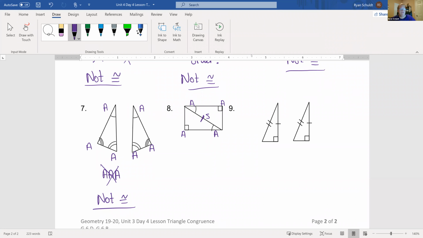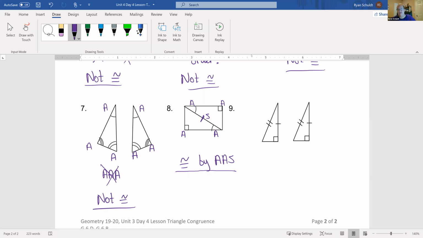So this is congruent by angle, angle, side. So there's that one.